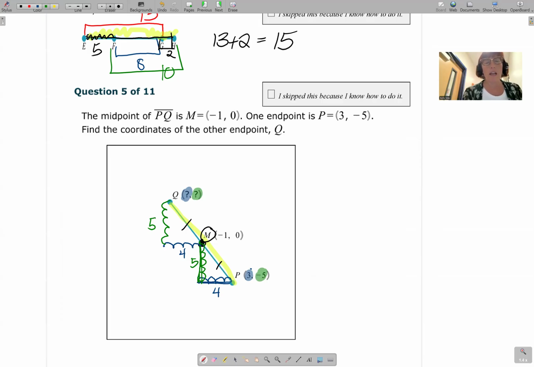So if I go -1 and 4 units to the left, I'm going to be at -5, because I'm starting at -1, 4 units to the left. And here, if I go 5 units up, I'm starting from 0. I go 5 units up, and I'd be at +5.